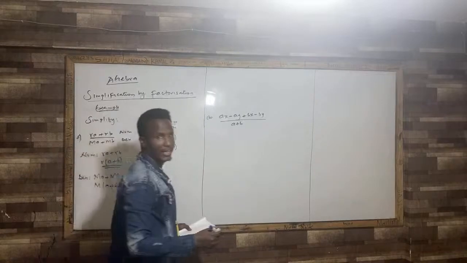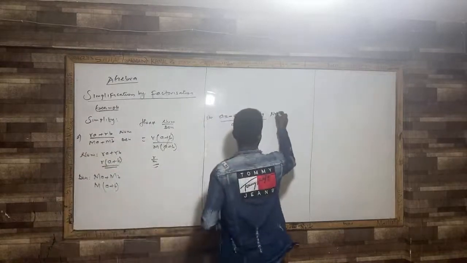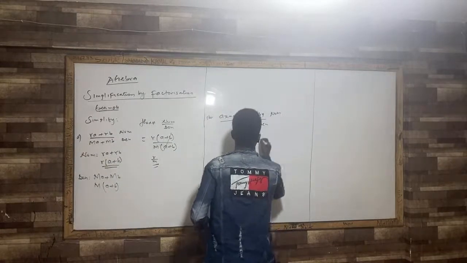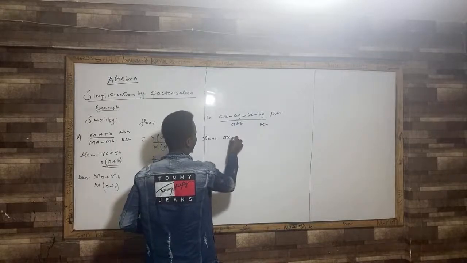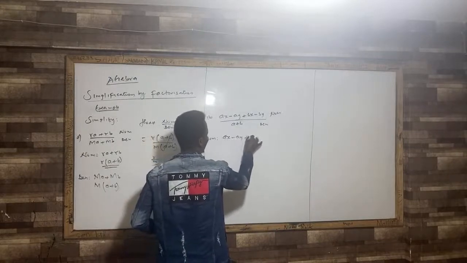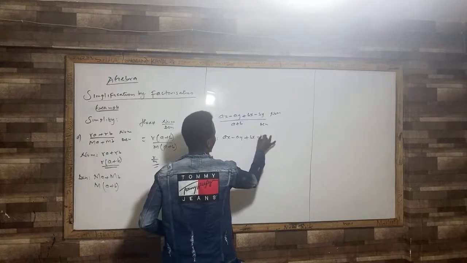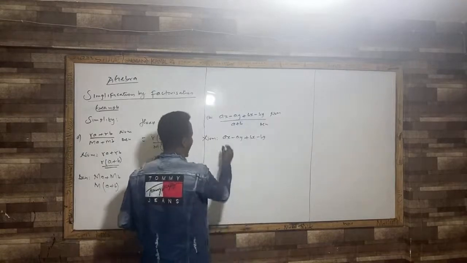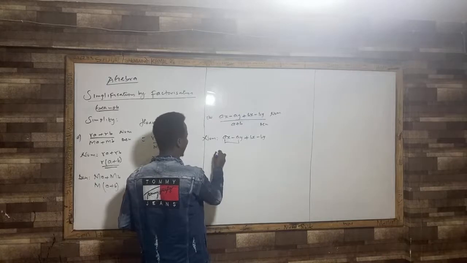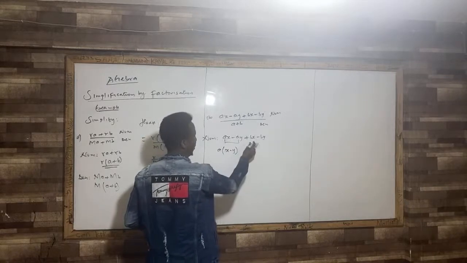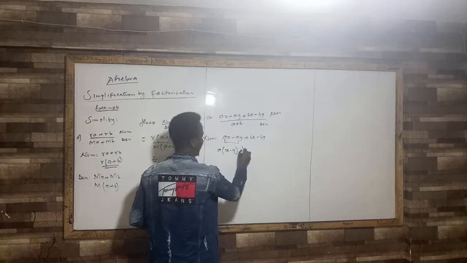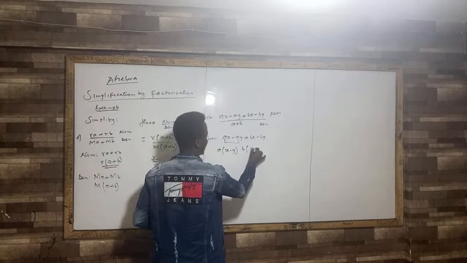Again, we're going to say num, this is num, and this one, then. Now for num, we have AX minus AY plus BX minus BY. Now between these two, our common letter is what? A. Open the bracket. X minus Y. Here, common letter is what? B. Okay? X minus Y.